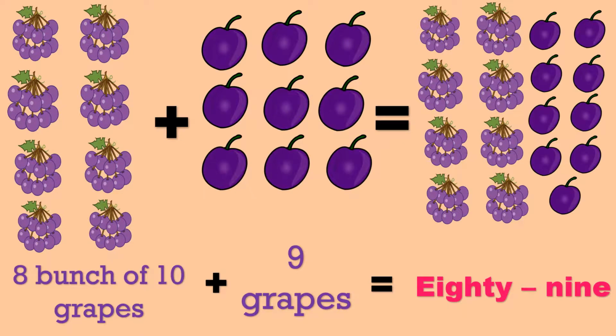So, 89 grapes in all. 8 bunches of 10 grapes, add 9 grapes, equal to 89 grapes in all.